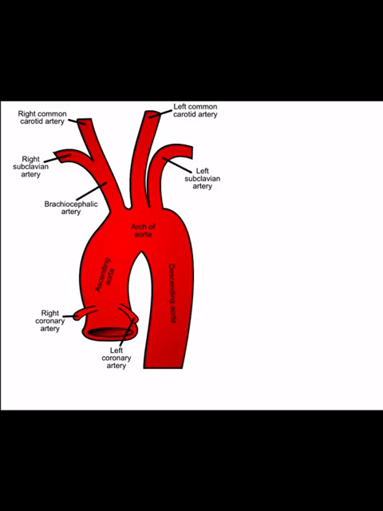Okay, so here 2 or 3 MCQs are there. Right common carotid artery arises from brachiocephalic artery. Left common carotid artery arises directly from the arch of aorta. And in the neck both arteries ascend upwards from the level of sternoclavicular joint to the level of upper border of your thyroid cartilage, and at the upper border of C4 they divide into internal as well as external carotid artery.